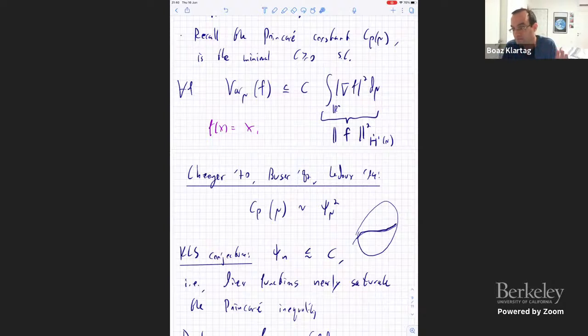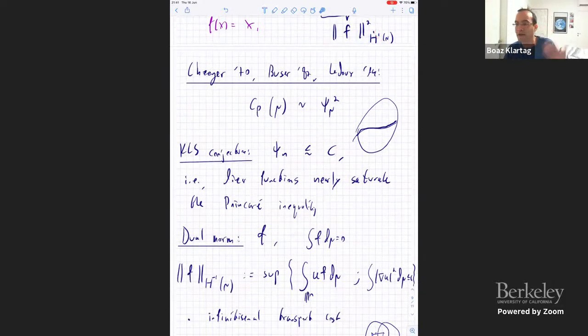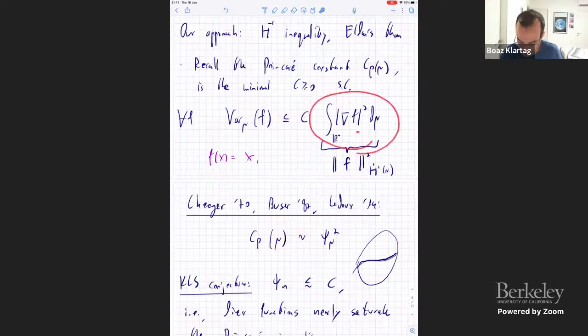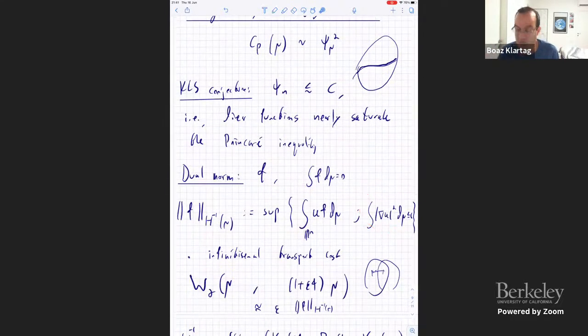Functions in H1 have the L2 norm of the first derivative, and the minus 1 is kind of the L2 norm of the minus 1 derivative. So you just look at the dual norm, take the supremum of the scalar product in L2 over all functions whose gradient has L2 norm at most 1. That's the H minus 1 norm.